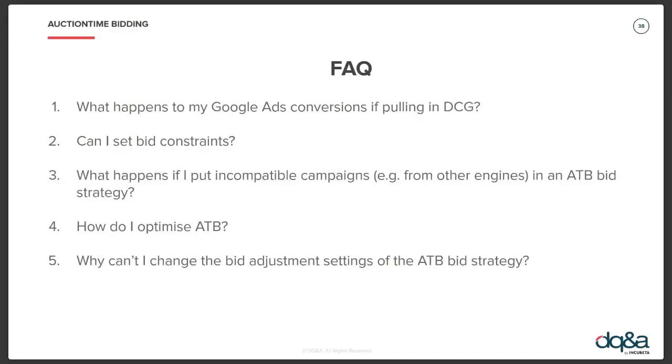The more recent and clean and important data that you can upload as a conversion source into auction time bidding bid strategies, the more data it has to play with, and the more helpful the performance of the auction time bidding bid strategies will be to your overall goals. So data is one key lever, and as mentioned, changing the targets and changing the constraints when available will allow you to shift the way auction time bidding bid strategies optimize.